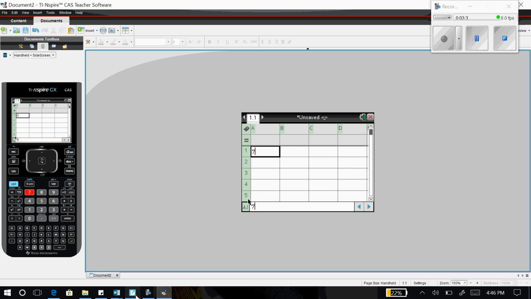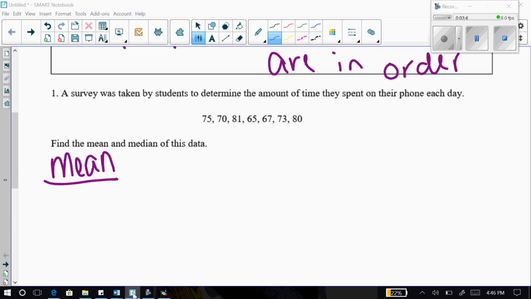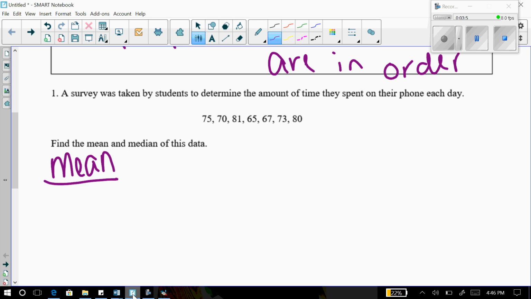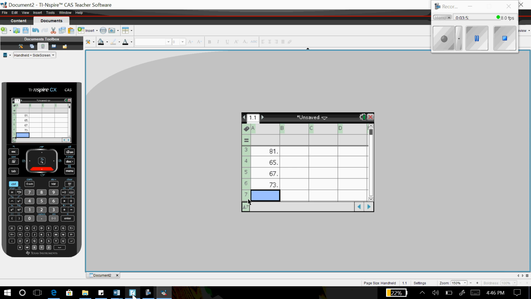So 75, 70, 81, 65, 67, 73, and 80. So you want to put all your data in the calculator.